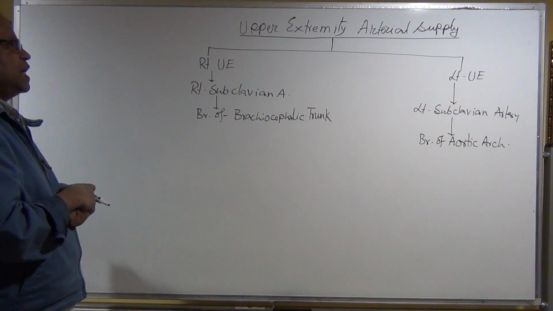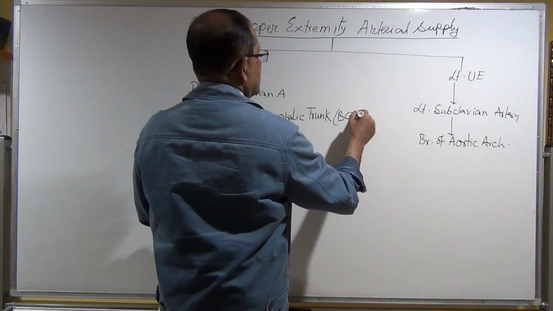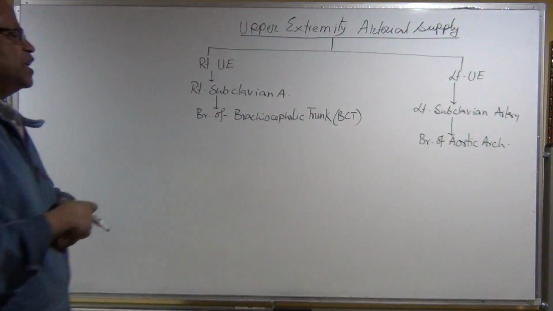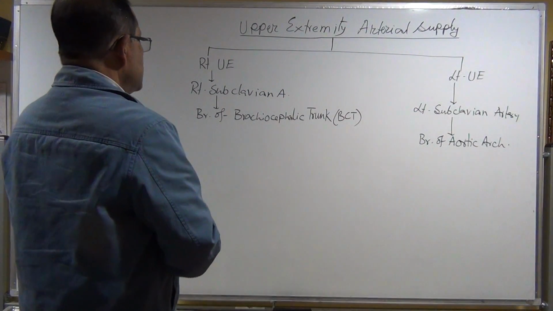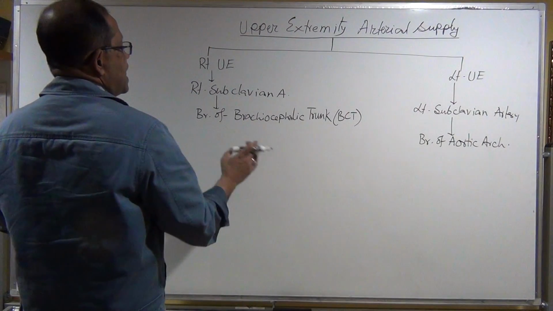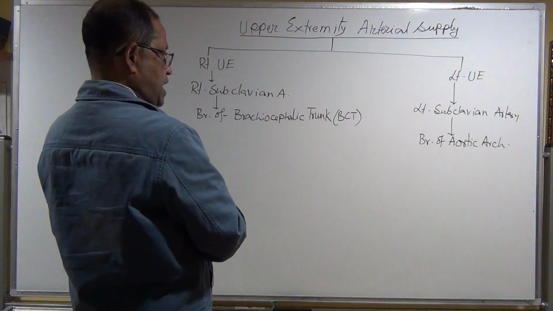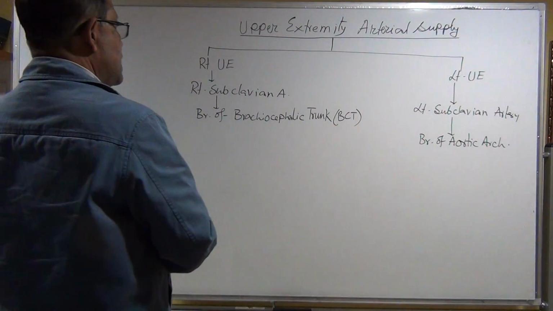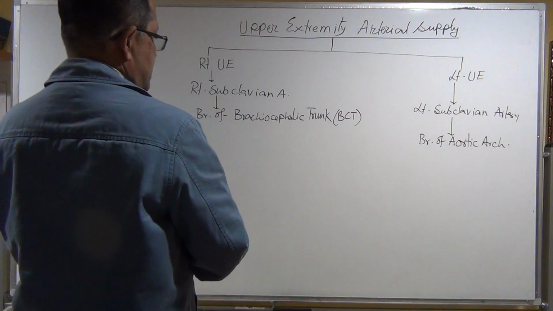The brachiocephalic trunk, as we know, is the first branch of the aortic arch, and it carries the blood for the right common carotid artery and the right subclavian artery.